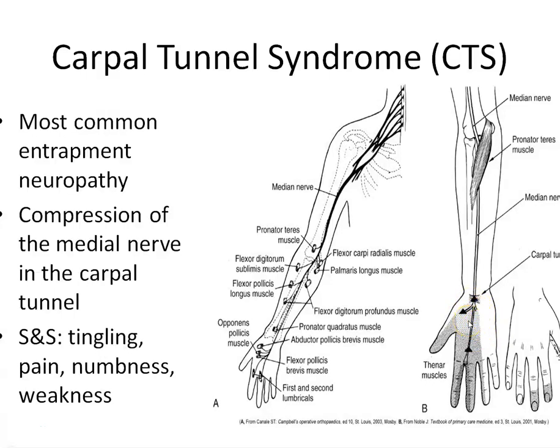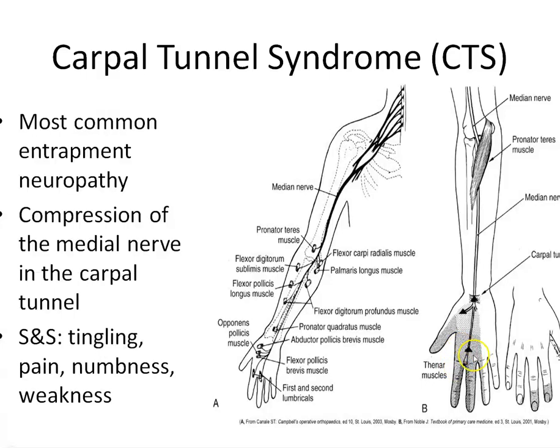So what we often will see is there's actually a sensory branch of the median nerve called the palmar cutaneous branch, and that branch arises proximal to the carpal tunnel, and it doesn't run through the carpal tunnel, it runs over the top of it. So oftentimes someone with carpal tunnel syndrome will have spared any loss of sensation in this area of the hand because of that palmar cutaneous branch.